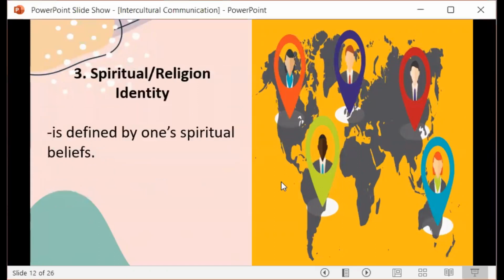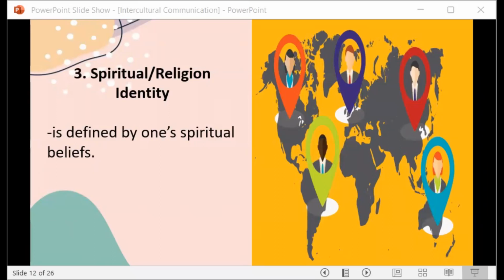And of course, the spiritual or religious identity is defined by one's spiritual beliefs. Okay? And this has an impact on how people act and what they believe in, and religion is also a source of some intercultural tensions, such as when someone forces their religious beliefs on someone who does not share them. And this religious identification can also influence one's gender identity and be linked to one's racial or national identity.